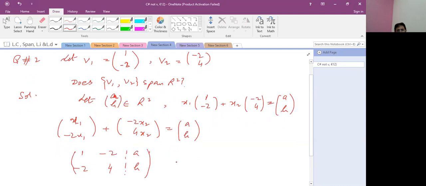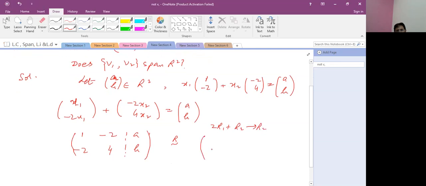Applying the row operation, 2 times R1 plus R2, changing R2. First row as it is, second row: minus 2 plus 2 is 0, plus 4 minus 4 is also 0, and 2 times a plus b, it means 2a plus b.